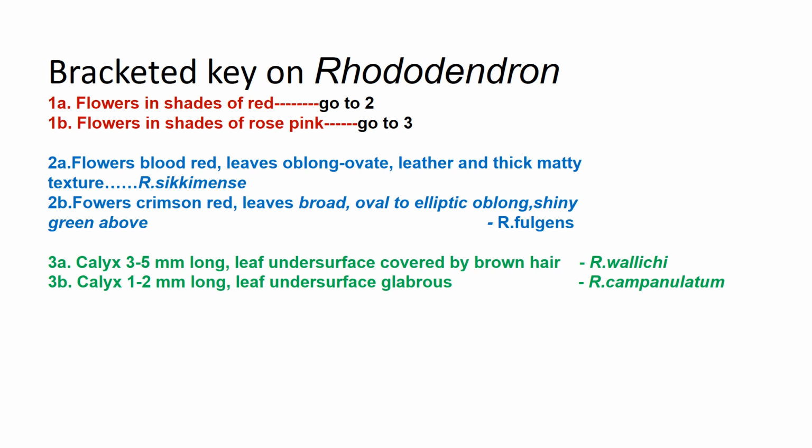So we have to go to the second lead. The flowers in shades of red, plants having this character, we have to go to the next key lead 2. Like that, flowers in shades of rose pink, we have to go to number 3. So this is called a bracketed key or numbered key. With these numbers, we have to follow the leads.